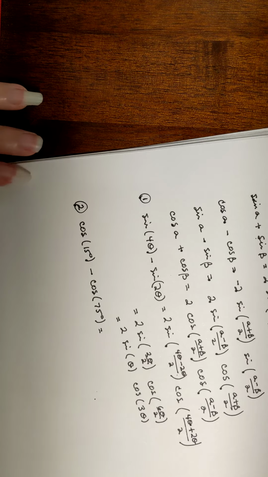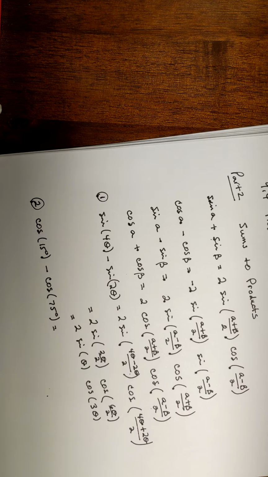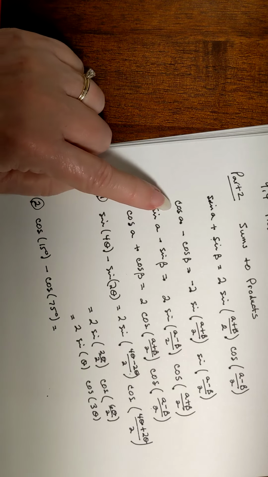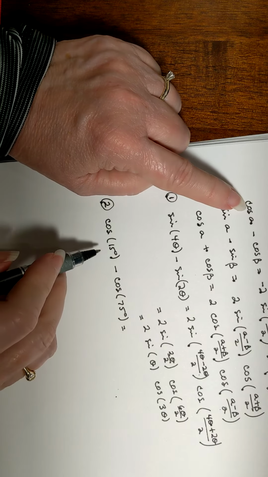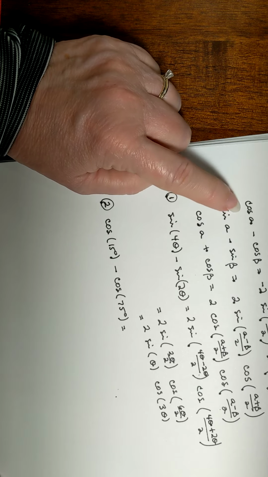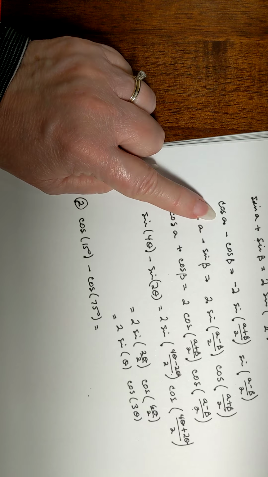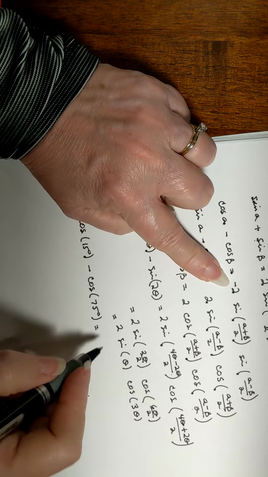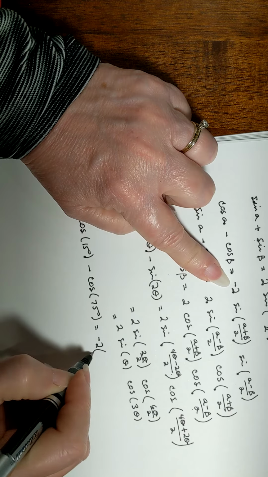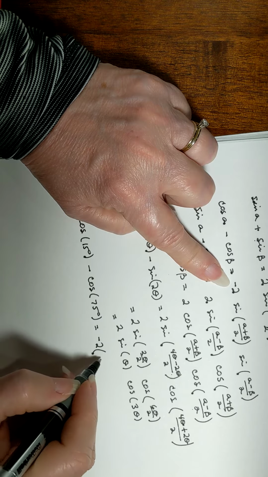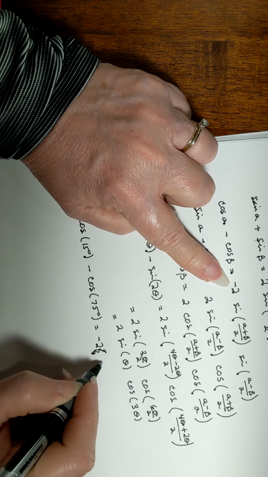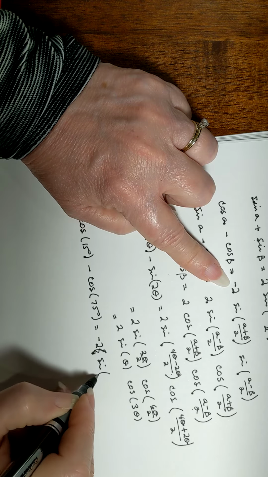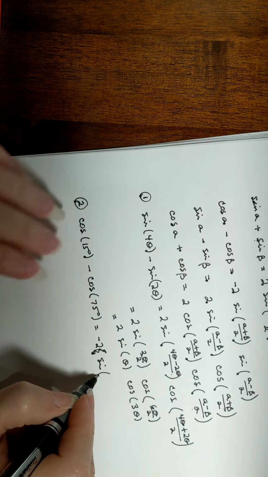So I look up at the top and I'm looking for the formula that has cosine of A minus cosine of B. So cosine of A minus cosine of B is equal to negative 2 times the sine of (A plus B) over 2.